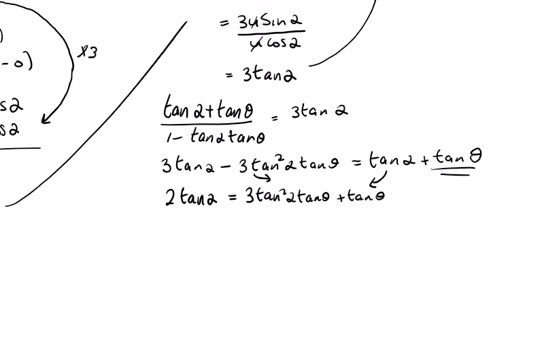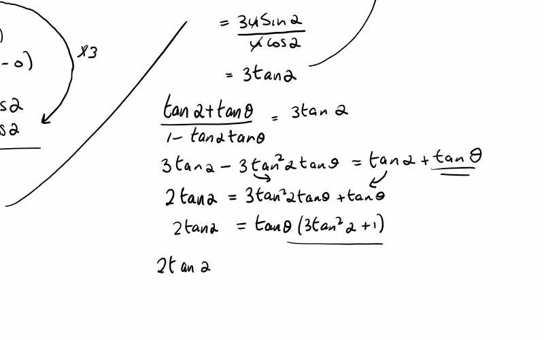So now I can factorize tan theta out of these two to get it on its own. Tan theta by 3 tan squared alpha plus 1 is equal to 2 tan alpha. So dividing by 3 tan squared alpha plus 1, we're going to get 2 tan alpha divided by 3 tan squared alpha plus 1 is equal to tan theta.